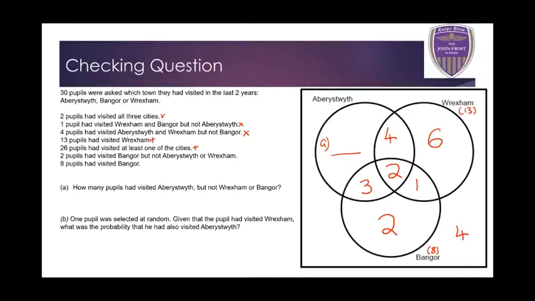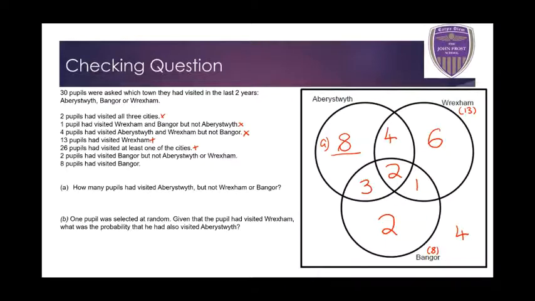So if we add them all up, hopefully we should find how many more we need to get to 30. So 4 plus 6 is 10, 2 plus 2 plus 3 is 17, plus 1 is 18, plus 4 is 22. So we've got 22 people already accounted for, therefore it is 8 people have only visited Aberystwyth, not Wrexham or Bangor, okay?